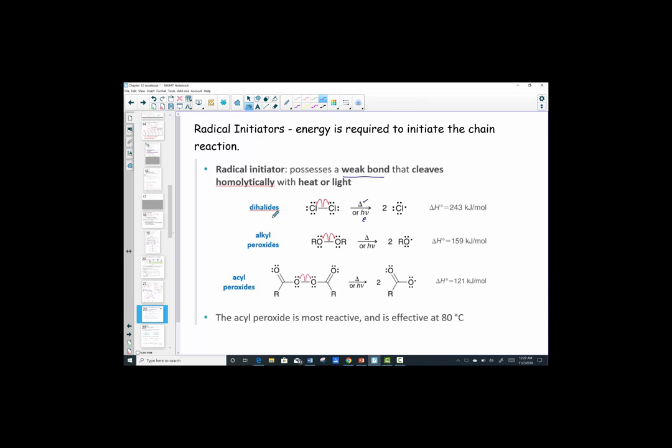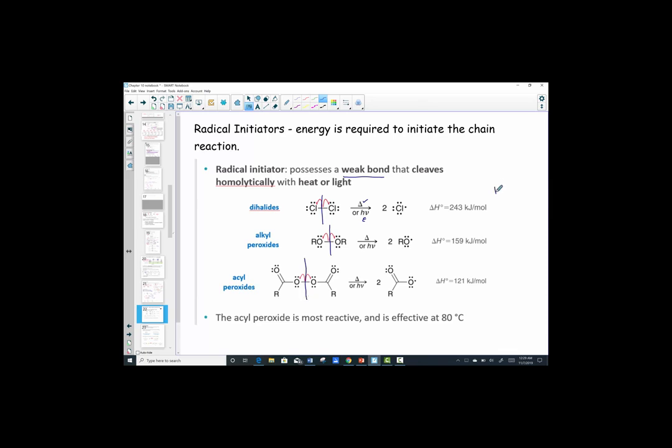Dihalides, such as chlorine or bromine, make great initiators. They're easily broken. Alkyl peroxides also contain a bond that's broken even easier. And acyl peroxides are the easiest to break of all.